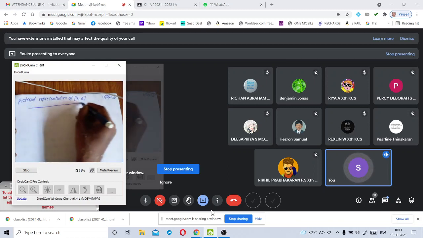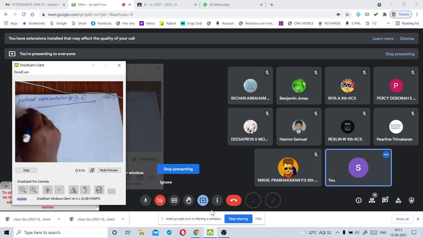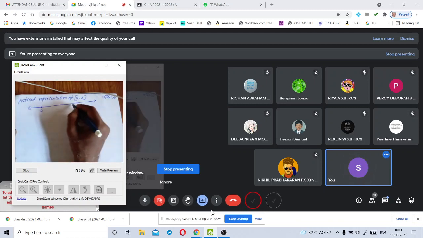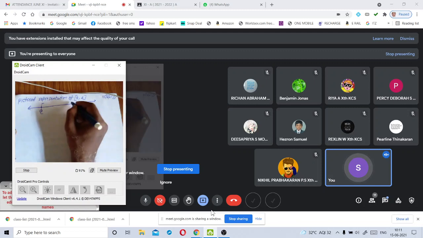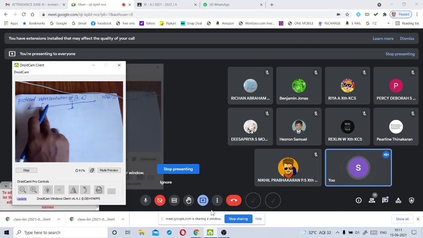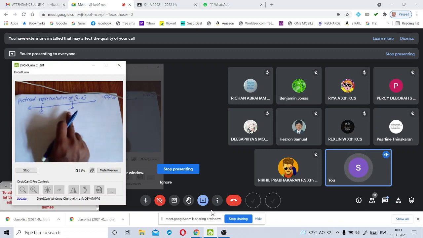On the number line, here suppose A is a smaller number and B is a bigger number, on the right side here. Then we represent this interval on this number line like this. All the real numbers between A and B, including the numbers A and B also.